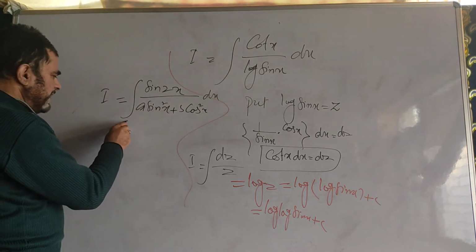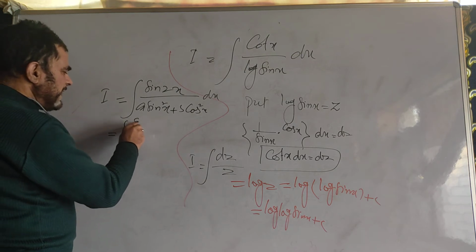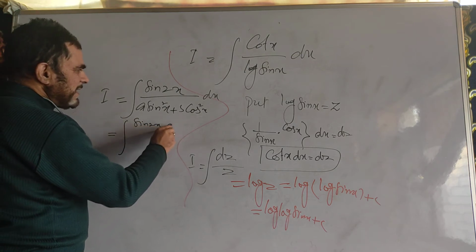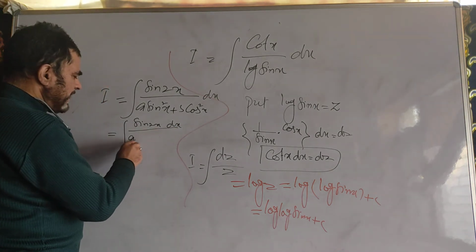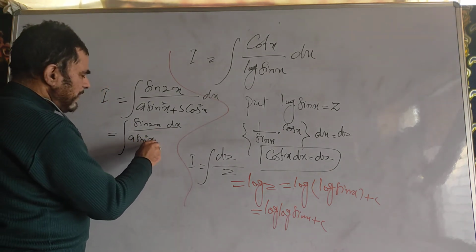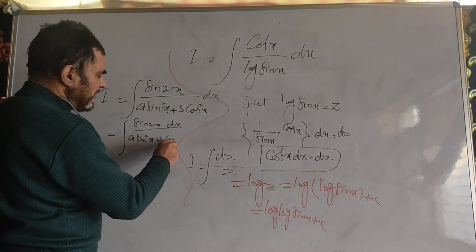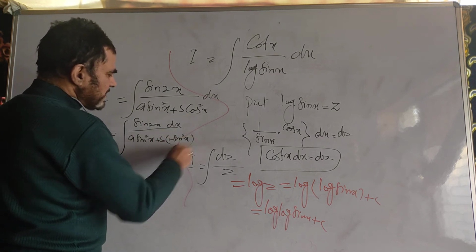I can write it as the integral of sin 2x dx over a sin square x plus b cos square x, and I can write cos square x as 1 minus sin square x.